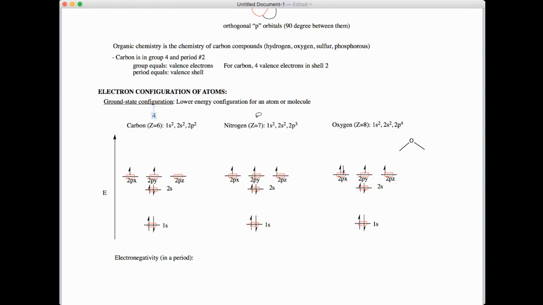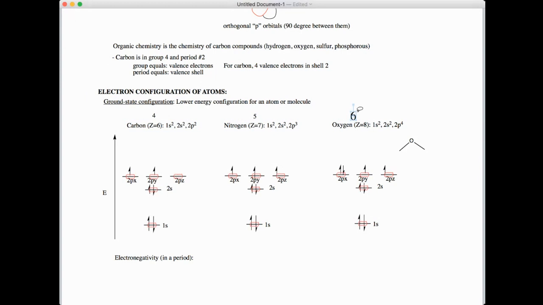Nitrogen is group 5. And oxygen is group 6. So when we go from 4 to 6 in the same row of the periodic table, the electronegativity increases.